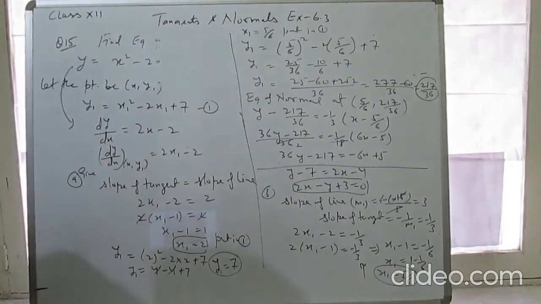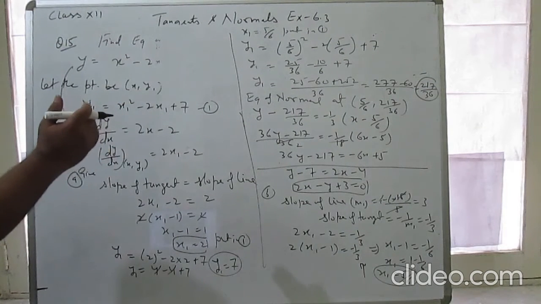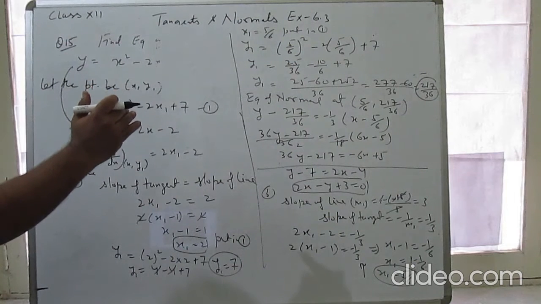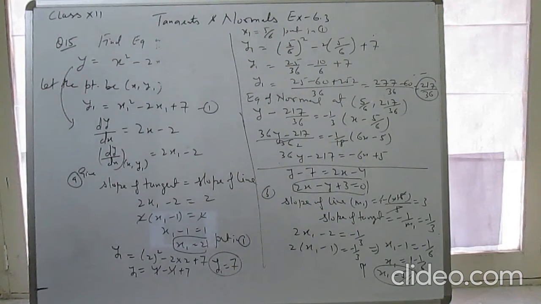Now you can see that if you bring the 5 over here, it comes to be minus 2, and 36y plus 6x and plus 220. You can solve.